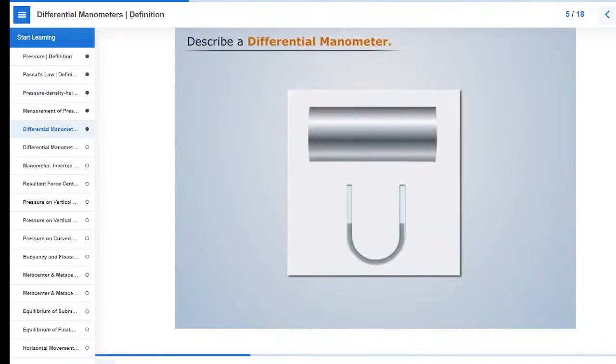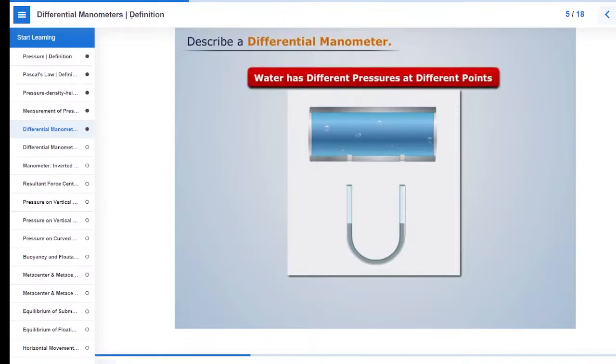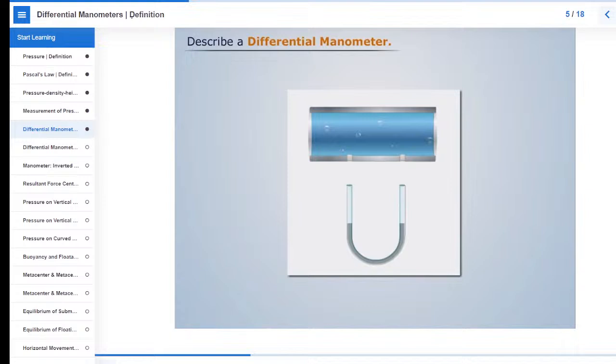Consider water flowing through a pipe. We know that water has different pressures at different points inside the pipe. Now let's consider any 2 points, say A and B. Let's calculate the pressure difference between these points.